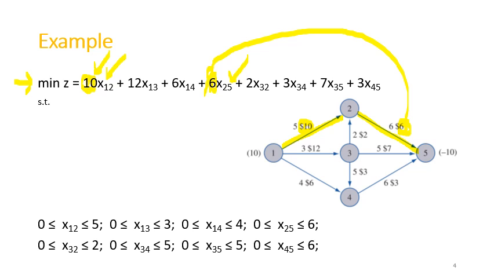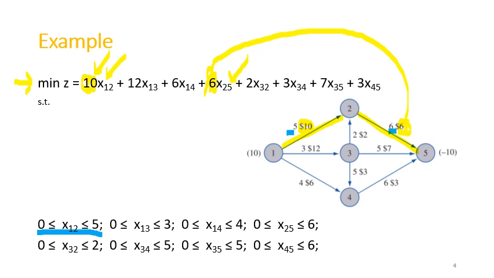Now the other number above each arc, like this 5, 6, and so on, shows the capacity of each arc. For example, the arc from 1 to 2 has a lower bound of 0 and an upper bound of 5.